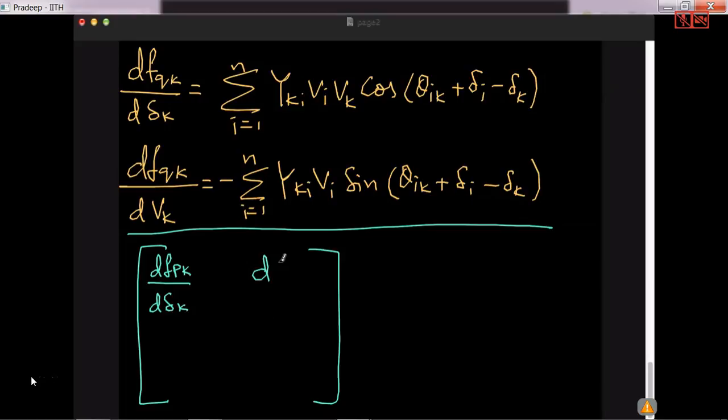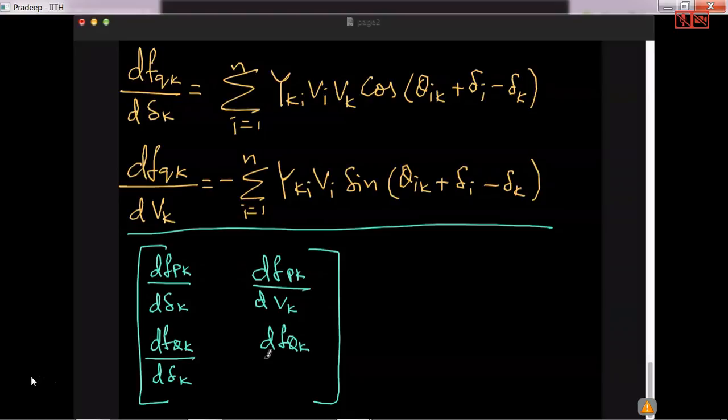Similarly, the differentiation of active power Pk with respect to the magnitude of voltage Vk. Similarly, the differentiation of reactive power Qk with respect to delta k, and then the differentiation of reactive power Qk with respect to Vk.